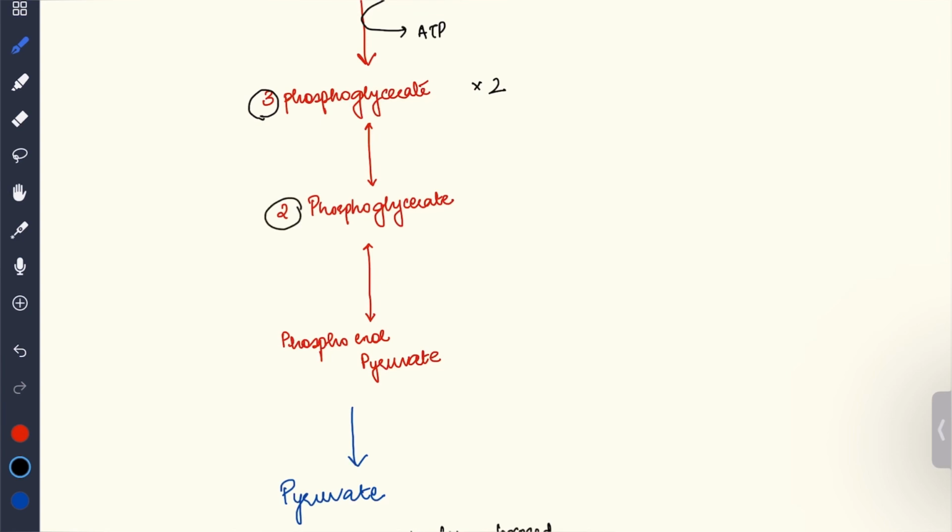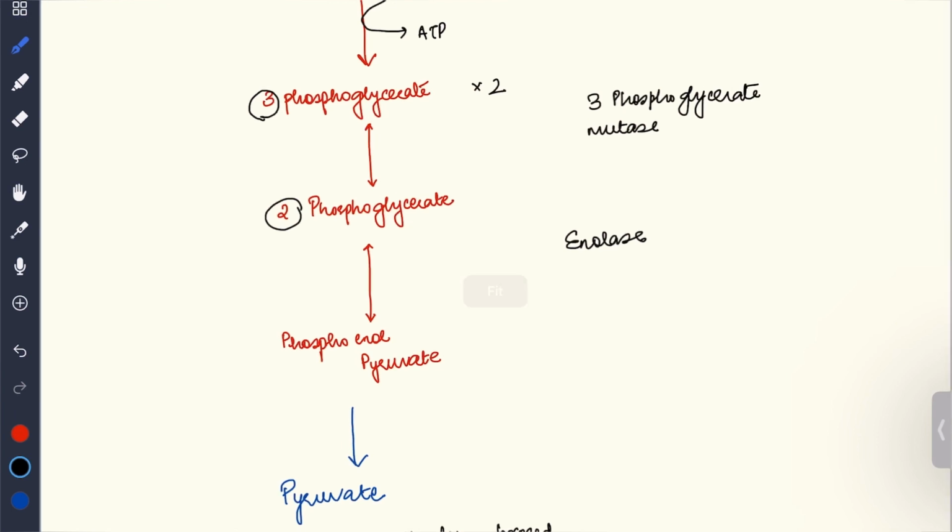So this is just a mutation which is taking place, so mutase. 3 phosphoglycerate, what are we doing? It is mutating. So 3 phosphoglycerate mutase, and it will form 2 phosphoglycerate.